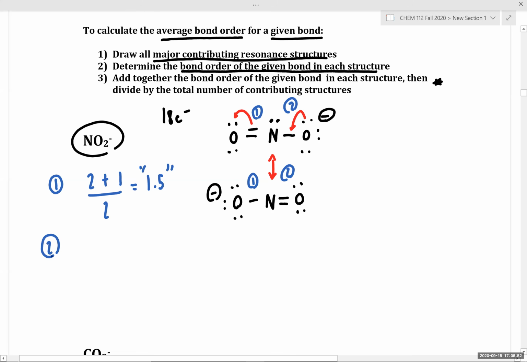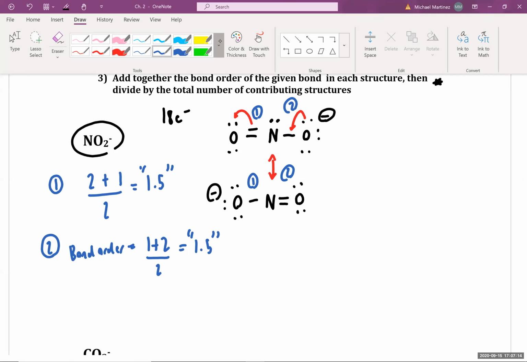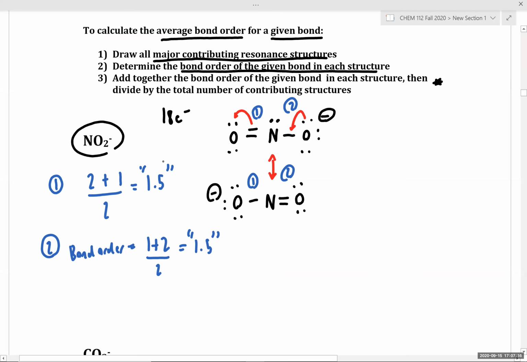We can repeat the same process for bond number 2, where our bond order is equal to the bond order in our first resonance structure plus the bond order in our second resonance structure, divided by the total number of resonance structures. And that in turn gives us an average observed bond order of around 1.5.